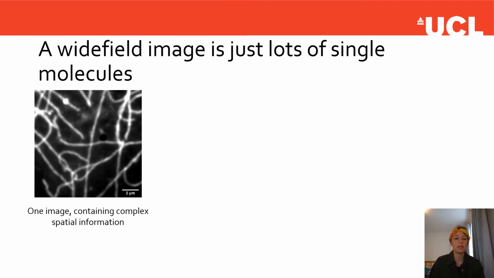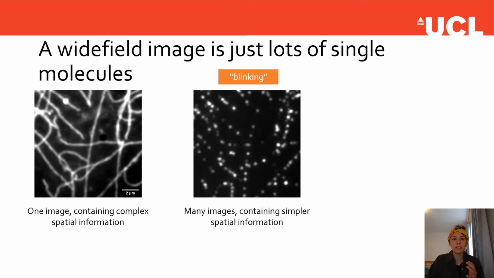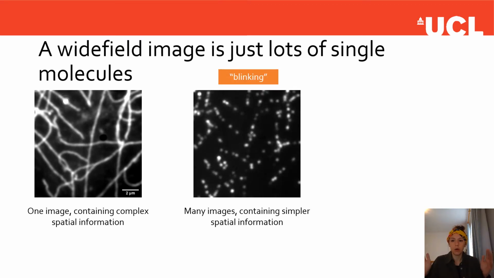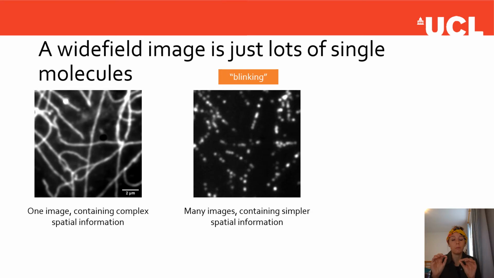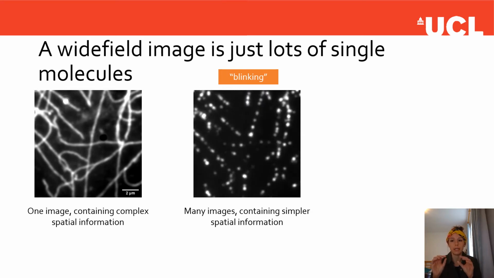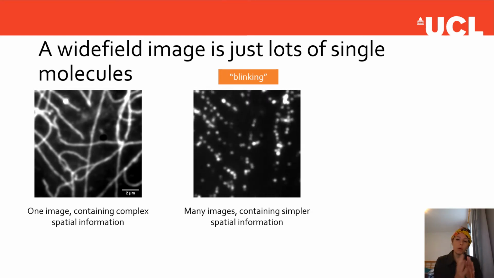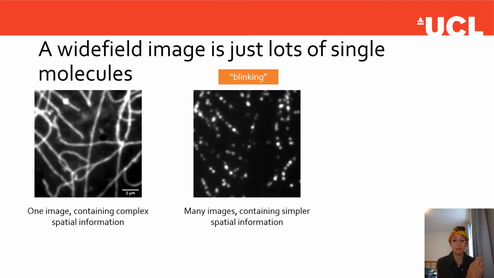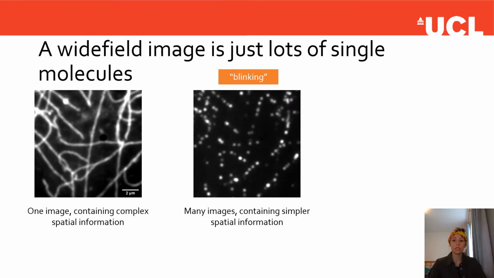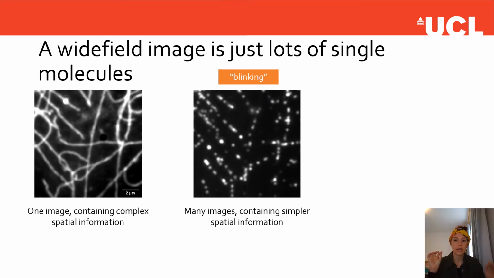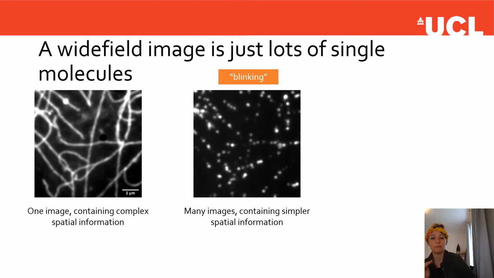To do that, instead of taking one image where all of our molecules are emitting fluorescence at the same time, we take a really large number of images where a very small number of fluorescent molecules are emitting in each frame. So we go from one image containing very complex spatial information to a large number of images, each containing much simpler spatial information.